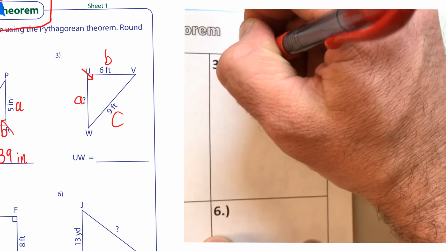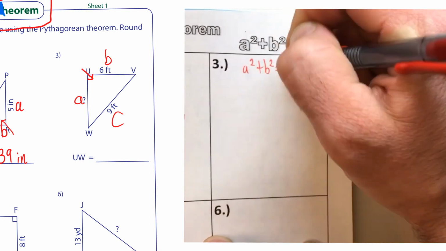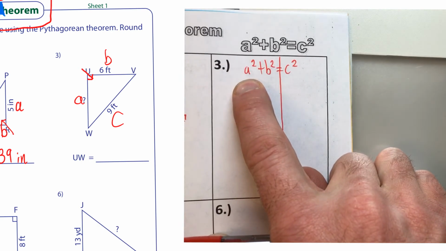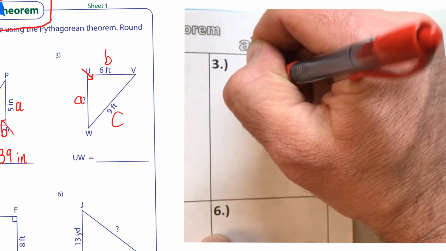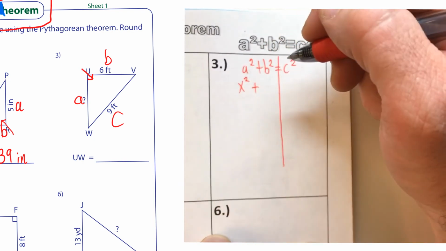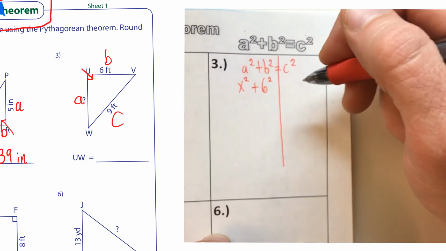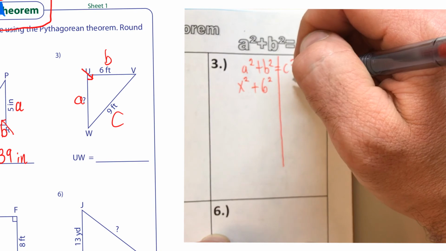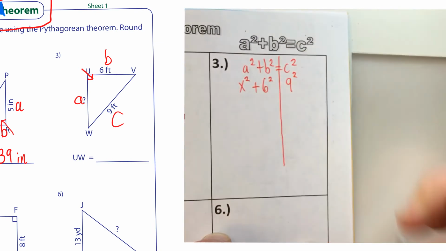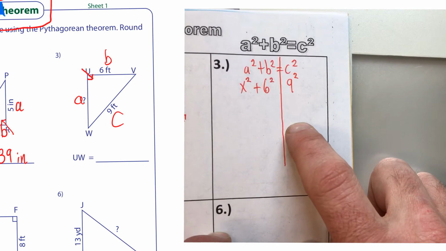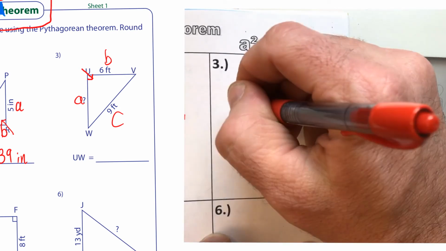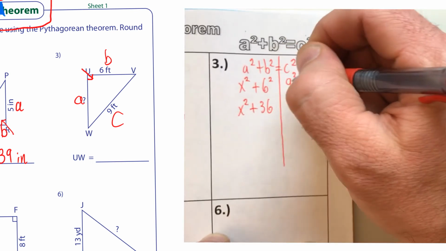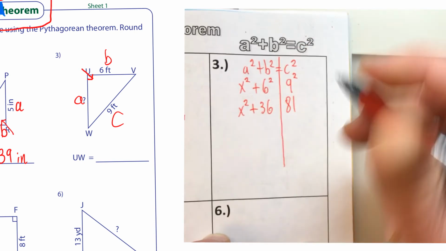Okay, so back over to here, we have a squared plus b squared equals c squared. Okay, what's my a value? x. What's my b value? 6. And then what's my c value? 9. All right, so we have x squared plus what's 6 squared? 36, and 9 squared? 81.